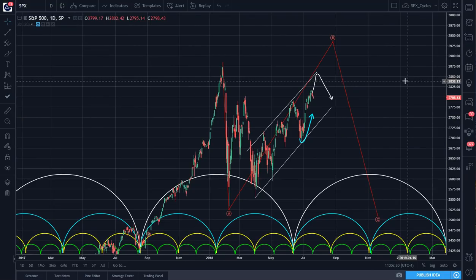So in the cycle chart, we have approximately not until, let's say, the 24th of August before some more serious pull down effect comes in, which will be the 10-week and the 5-week, the yellow and the green, pulling price down. But right now, it's about to turn.